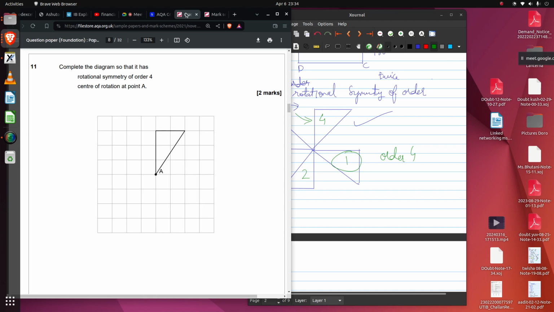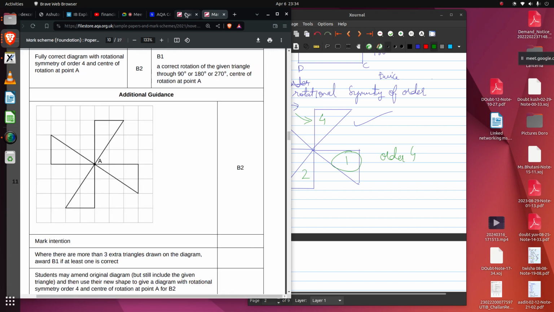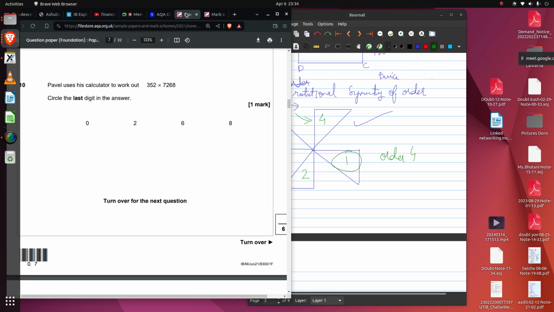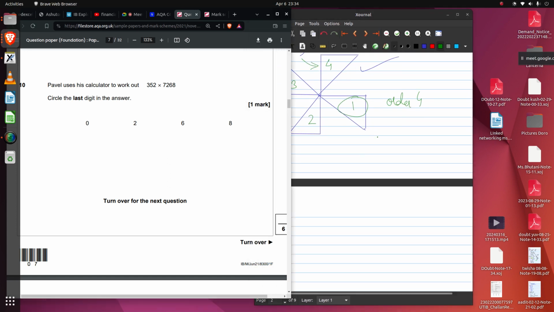You want symmetry of order 4. Is that right? Fine. Should I go to another question?